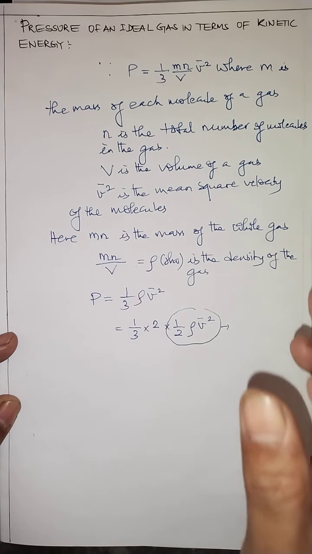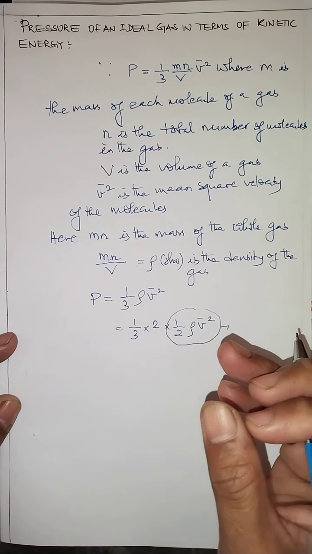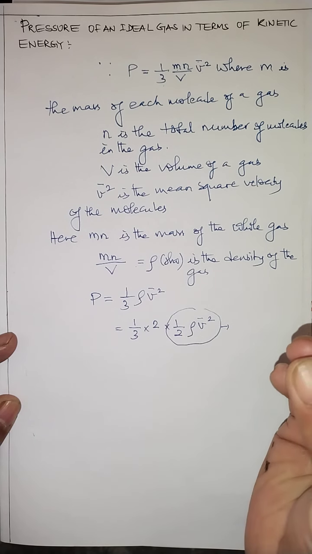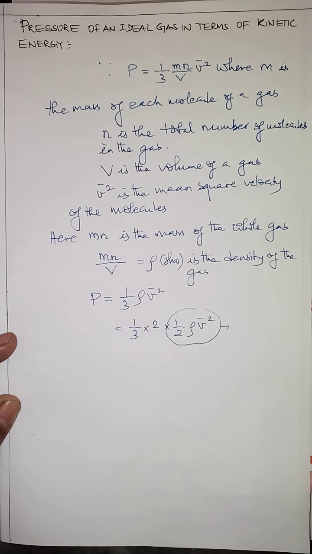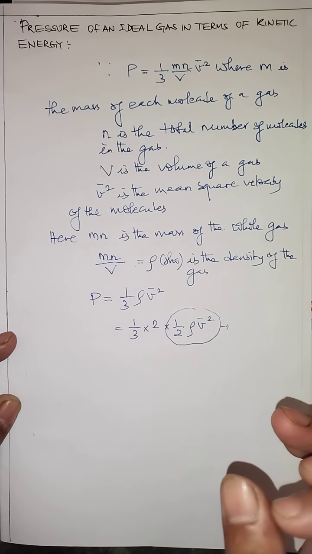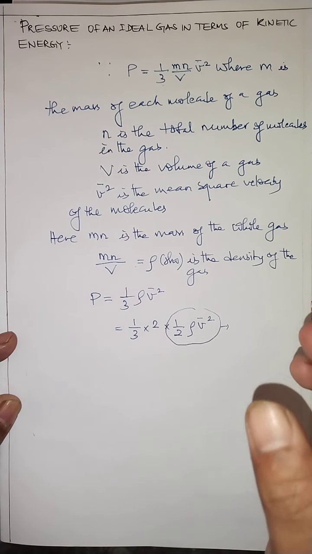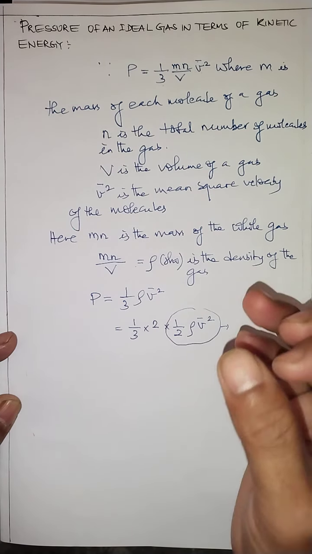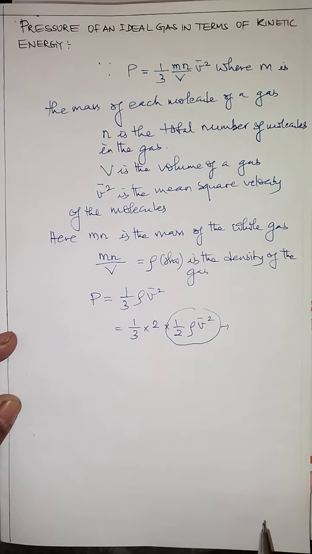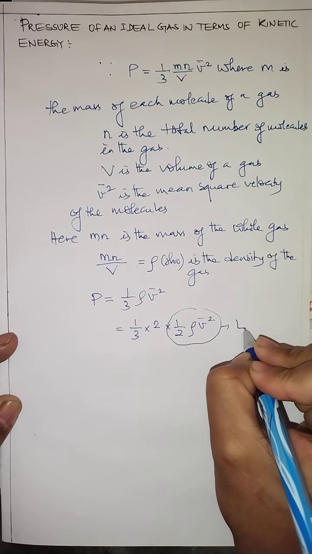Other forms of kinetic energy, like rotational kinetic energy and vibrational energy, are also considerable, but they are almost negligible in the case of an ideal gas, though it depends upon the gases that we consider. But the more prominent energy which comes into play is translational kinetic energy, and this is represented by E.